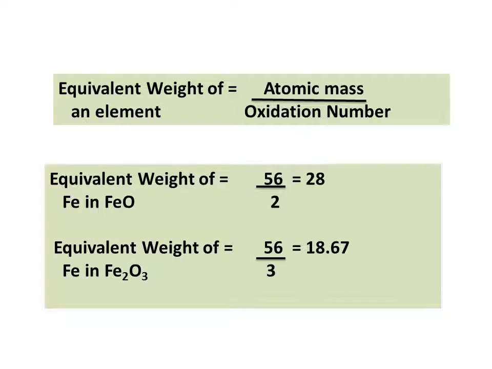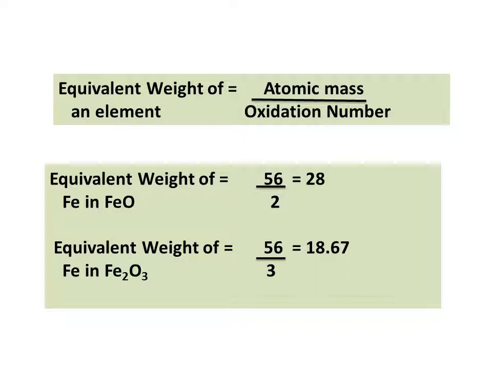So the equivalent weight of iron in FeO is 28, and in the case of Fe2O3 let us have a look. Here iron has an oxidation number of +3. This is ferric oxide. The atomic mass of iron, 56, will be the same. So 56 divided by the oxidation number, and here the oxidation number has changed now.